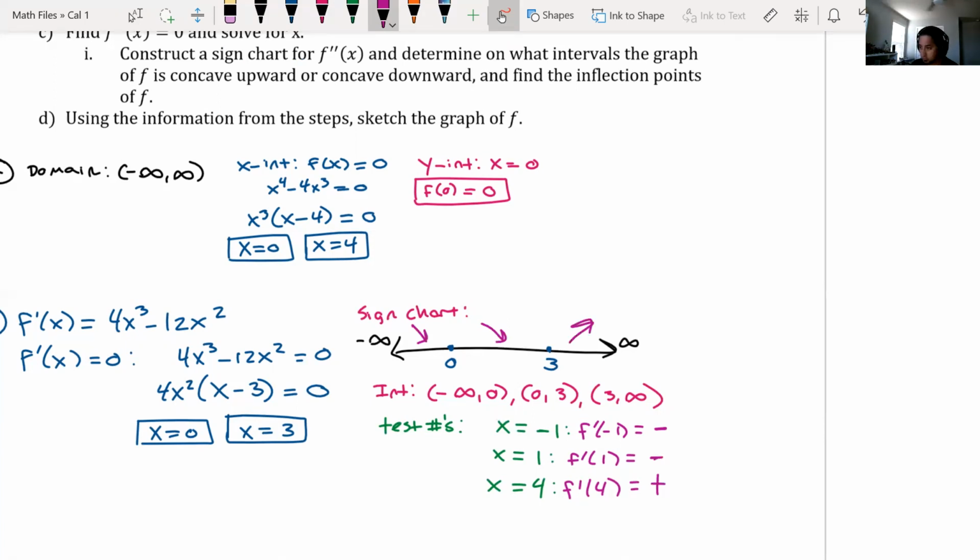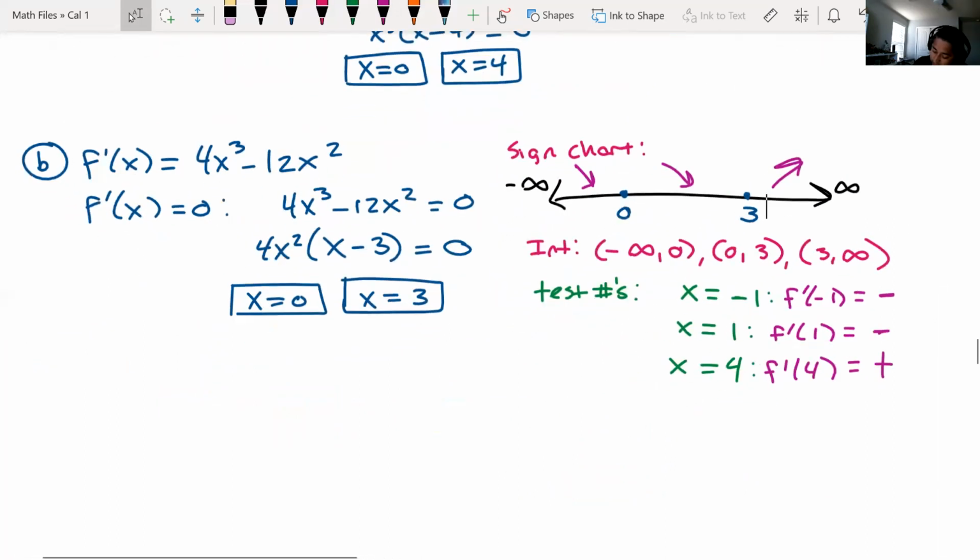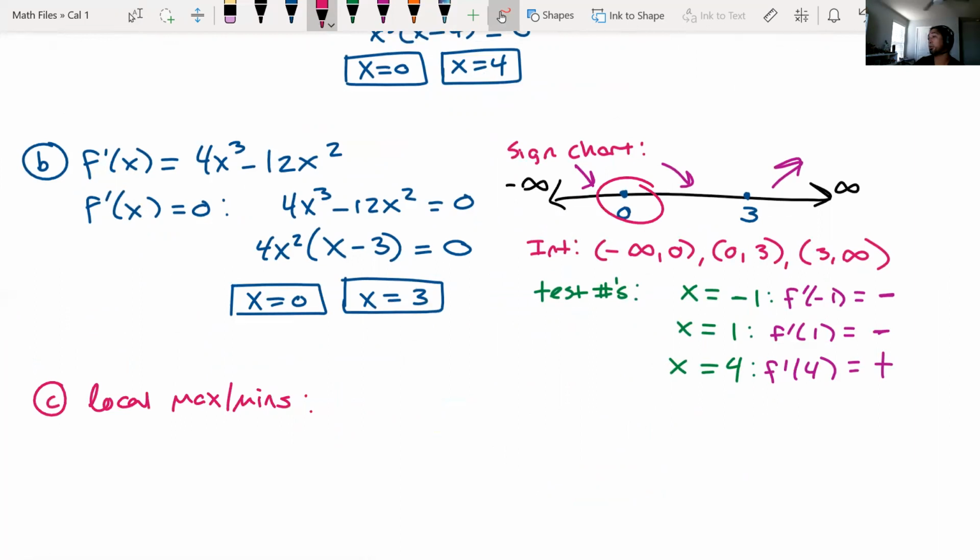All right. Perfect. Now on to this step, we look for maxes and minimums. So C: local max and mins. We look at our first critical number. We decrease and we decrease, which means the signs do not change.